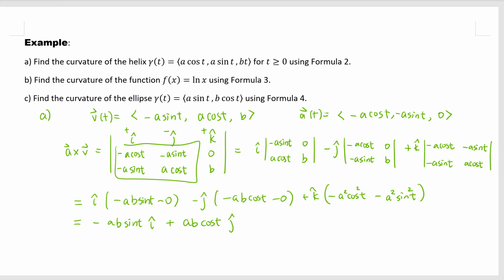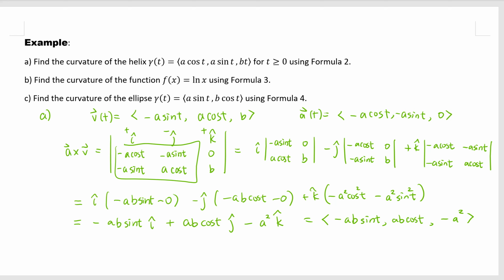And then here you can factor out negative a squared, then you have sine squared plus cosine squared. That's 1. So minus a squared k. If we want to write it in component form, we have minus ab sine t, ab cosine t, and negative a squared.